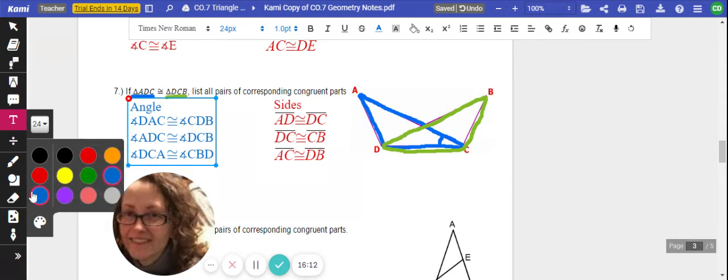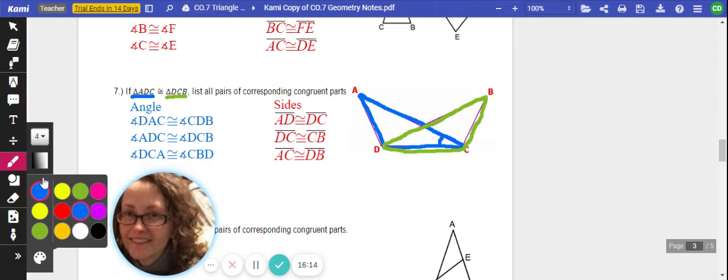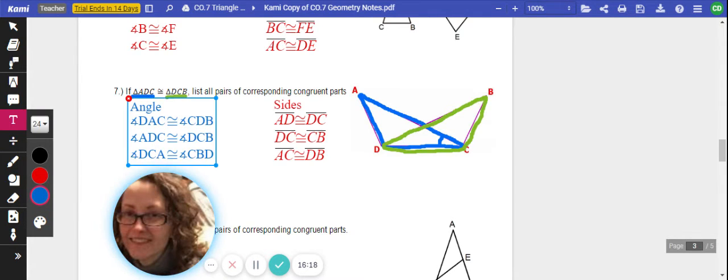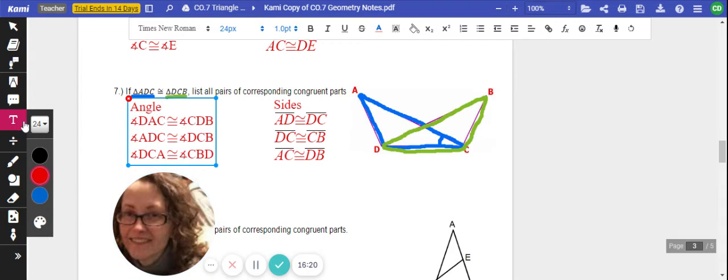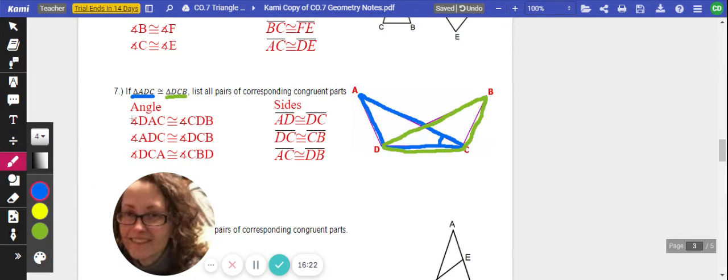Keeping in mind, inside here, I have some special notation for my triangle here. I have A, D, C as my middle letters being my vertices of those angles.